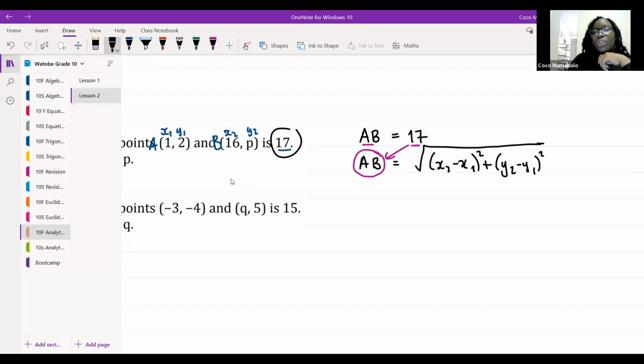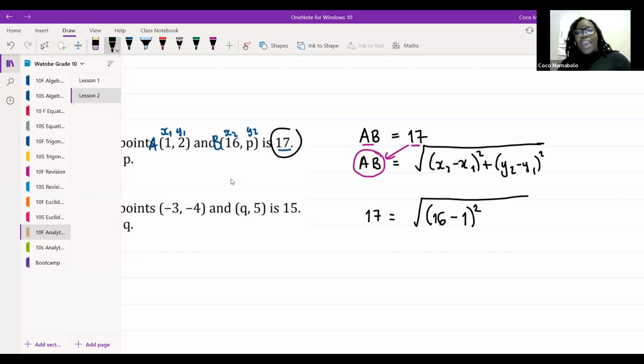So I'm going to replace AB with 17. So 17 is equal to the square root of, and I'm going to open brackets, my x2 is 16 minus x1, which is 1, close brackets, squared. Plus, sorry, I meant y2.